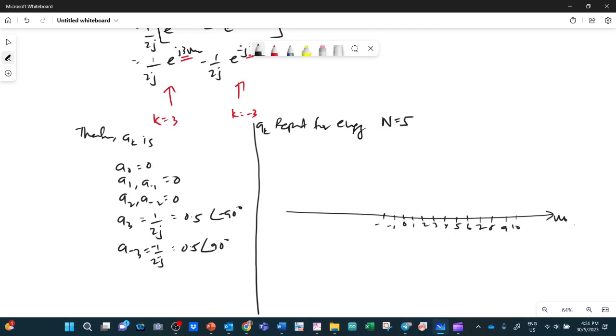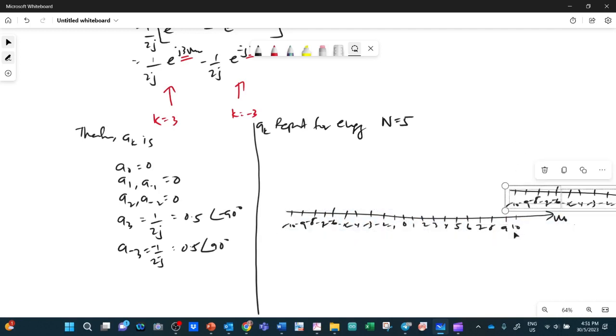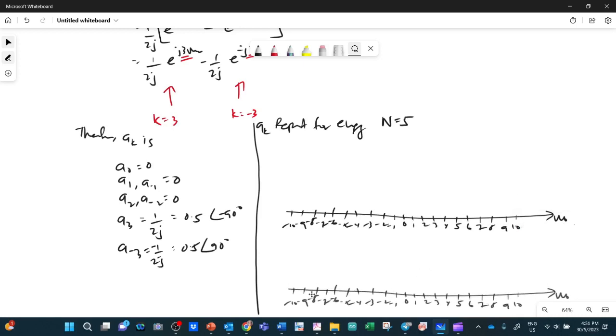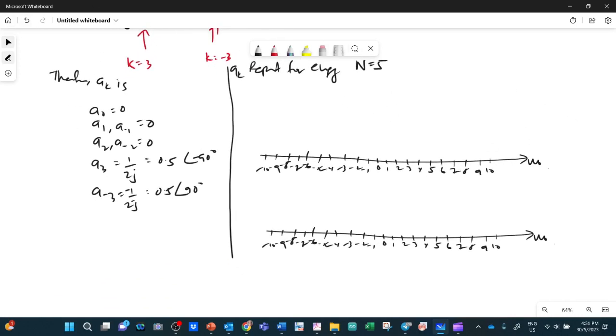You write out the negative part here, and just duplicate that. This is the magnitude of a k, and this is the phase of a k.